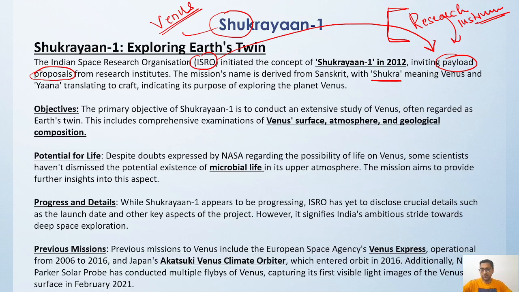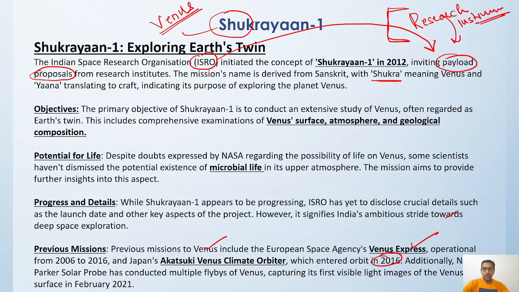The previous missions are the European Space Mission called Venus Express, and the Akatsuki Venus Climate Orbiter sent by the Japanese, which entered orbit in 2016. Even NASA sent its Parker Solar Probe, heading toward the Sun, but it did a flyby of Venus to capture visible light of the surface in 2021.